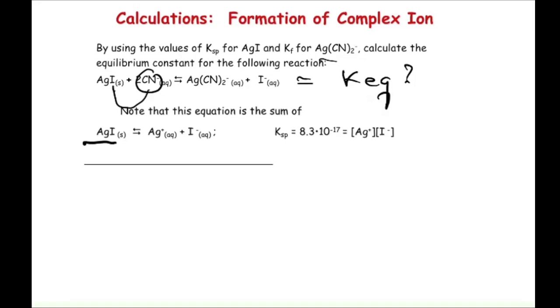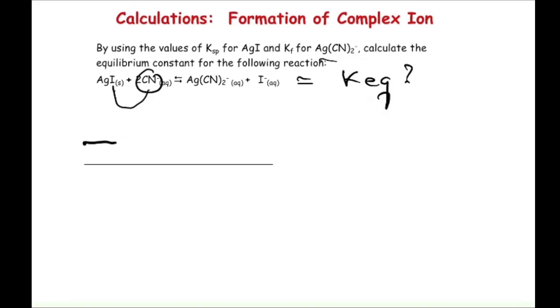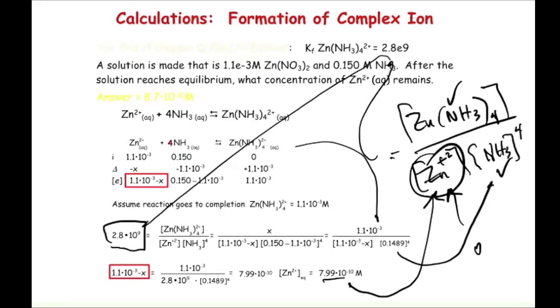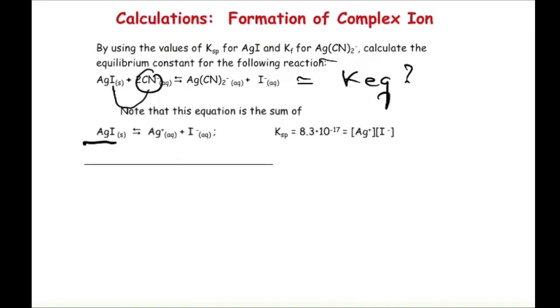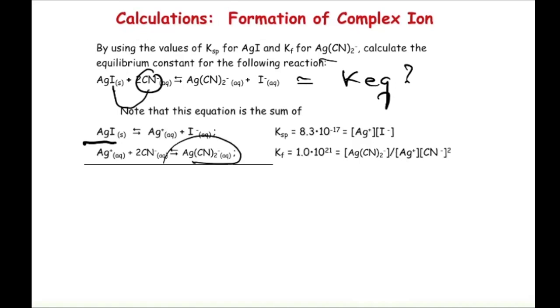And you're also going to be given a KF. Why is it called a KF? Because you're forming a complex ion. Remember, when something dissolves, it's a KSP. When something forms, it's a KF. So you're given these two equilibrium values, and the question is, what is that?